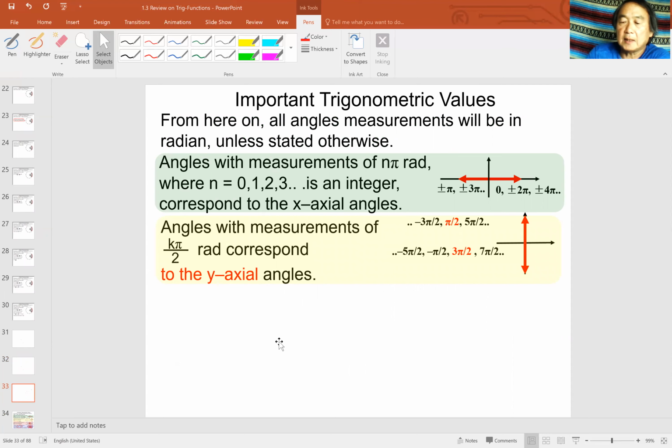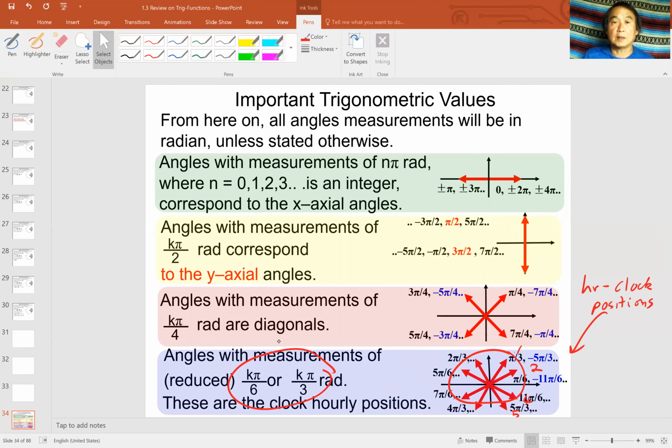And these are the important angles in radian measurement. These are the axial angles. The x-axis has the even multiples of pi: 0, pi, 2 pi, 3 pi, integer multiples of pi. And then the vertical angles, 90 degrees, minus 90 degrees, they are pi over 2, minus pi over 2, etc. Then the 45 degree angles are pi over 4.